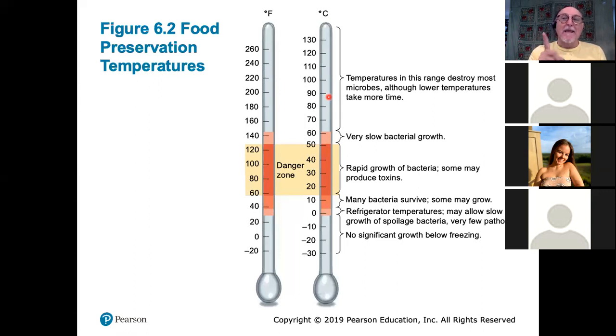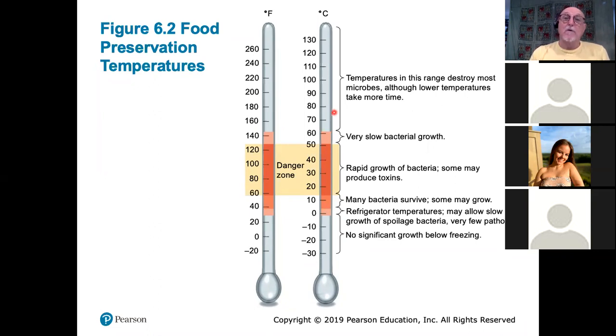It works really well, except for one thing, and that is, remember back that I told you that there are groups of gram-positive organisms, the Clostridia and Bacillus, which are able to produce spores.